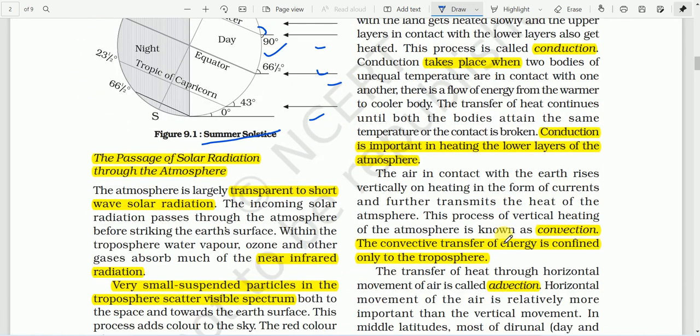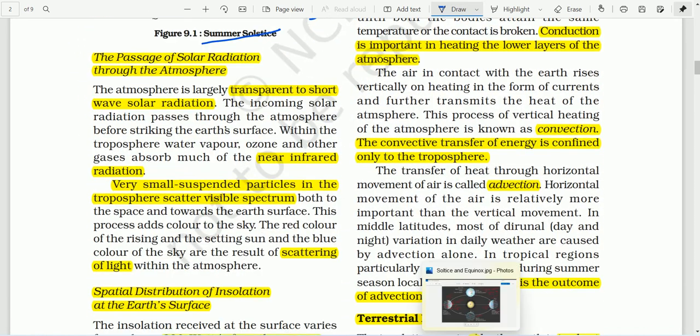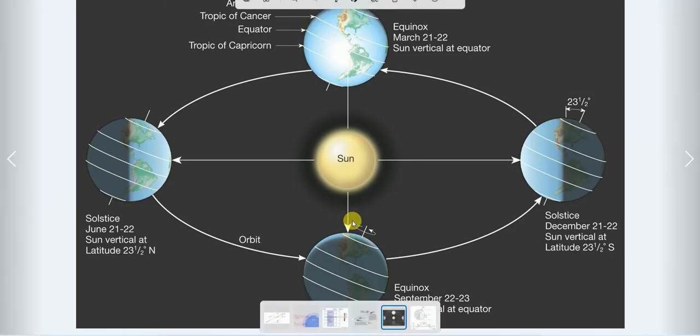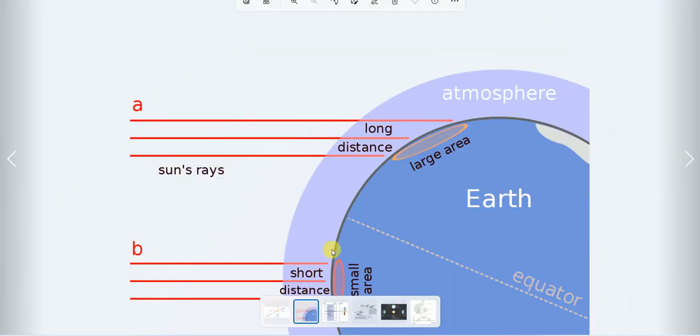That we have already explained using this diagram. Inclined rays cover a greater area than the vertical rays, and that is why heat is concentrated in the case of vertical rays and we feel hot.